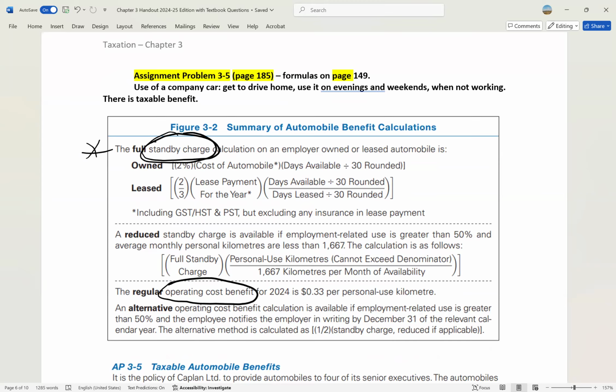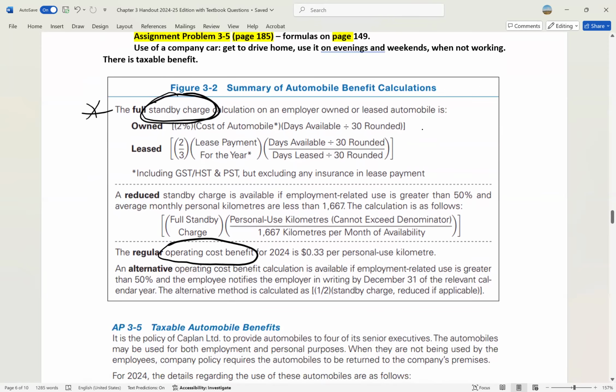You don't have to use it, but it's on standby. So there must be some benefit inherent to having the car there because you don't have to buy your own car. And the second benefit that we have to calculate is based on how many kilometers you drive it. And for 2024, it's 33 cents for every personal kilometer that you drive it.